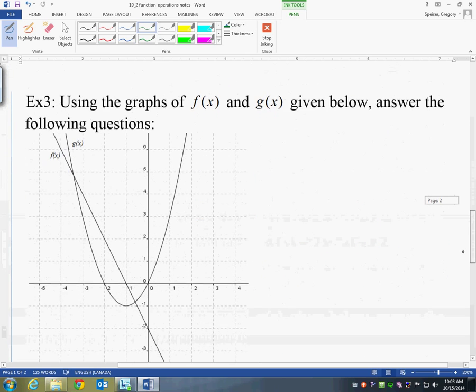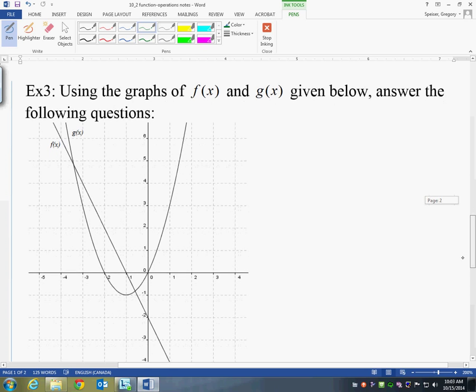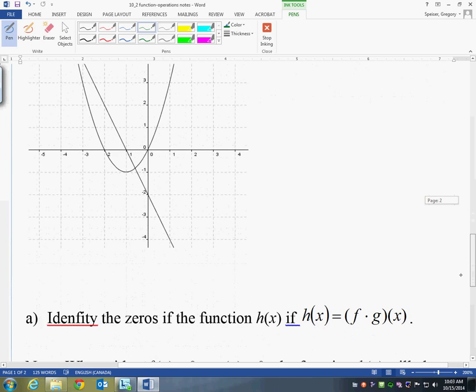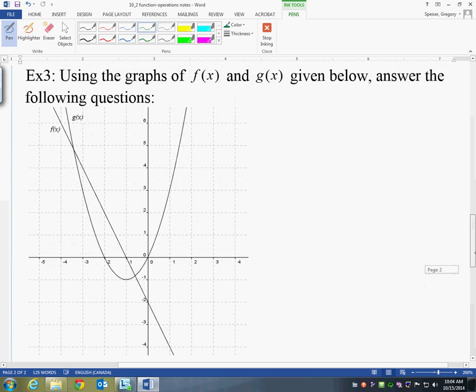All right, example number 3. Using the graphs f of x and g of x given below, answer the following questions. Identify the zeros of the function h of x, where h of x equals f times g of x. Okay, so identify the zeros. What are zeros?